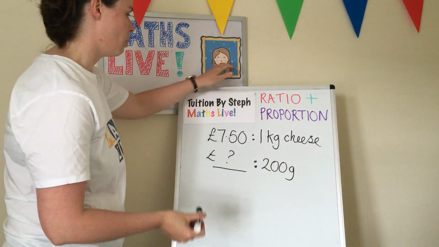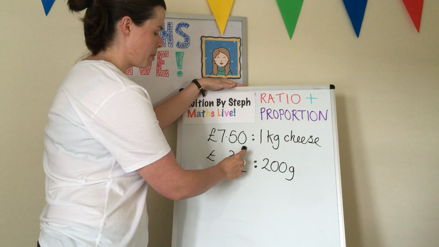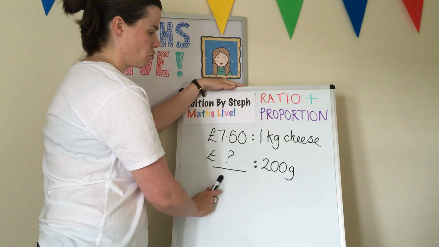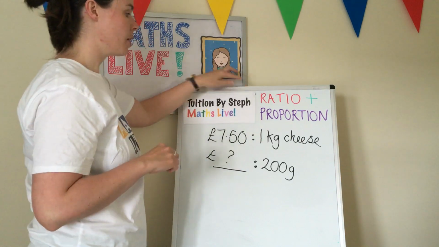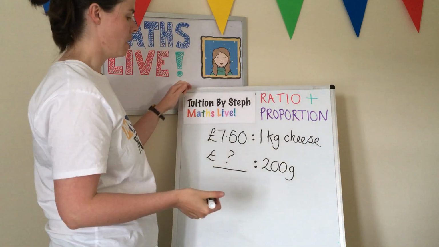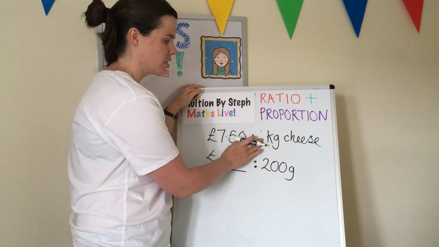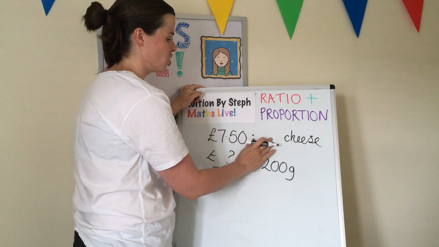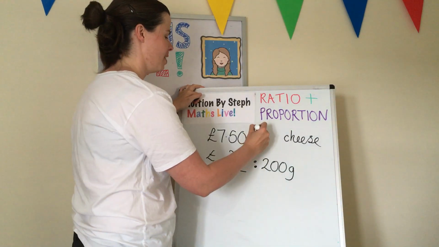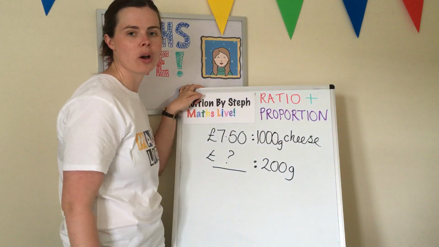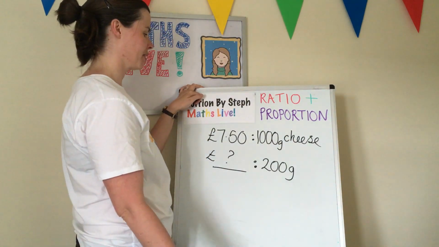So we need to think, if we know £7.50 is 1 kilogram, what is 200 grams worth? First thing we need to do, oh, by the way, remember, stop if you want to have a go. I'm not changing the ratio, I'm just changing the amount. 1,000 grams is a kilogram.